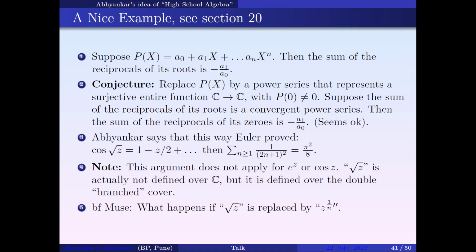Abhyankar says that this way Euler proved that if you put cos root z for P(x), and you can write down its power series, then the zeros of cos are 1 over 2n plus 1 times pi, with n an integer. And so the zeros of cos root z will be the squares of these numbers.